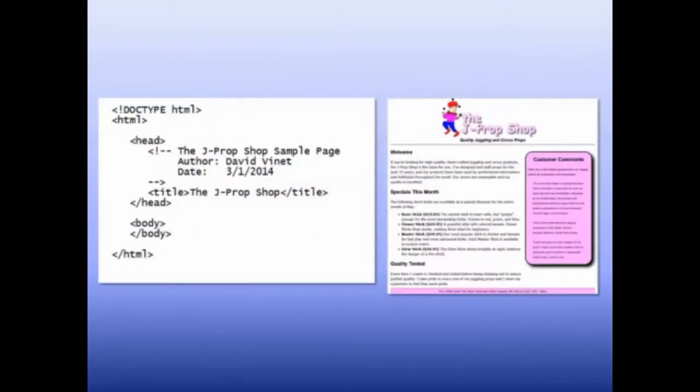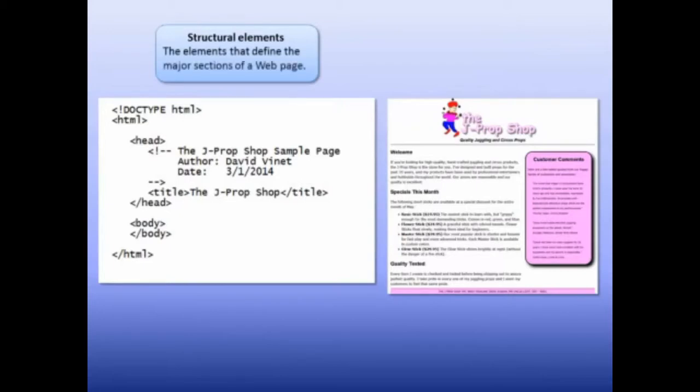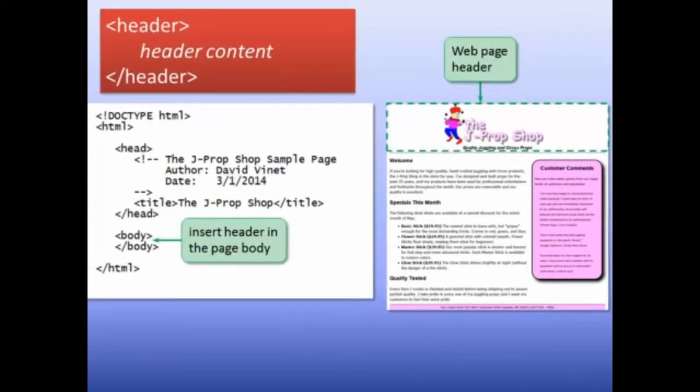You can mark each part of the HTML file for this web page using HTML5 structural elements, which are the elements that define the major sections of a web page. For example, to mark the header of the web page, you insert a header element in the page body using the syntax shown here.